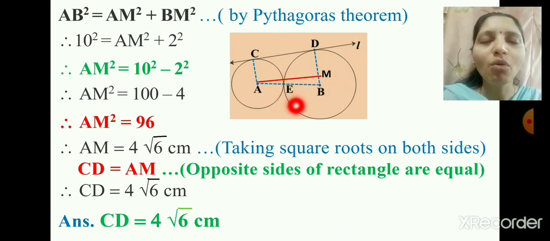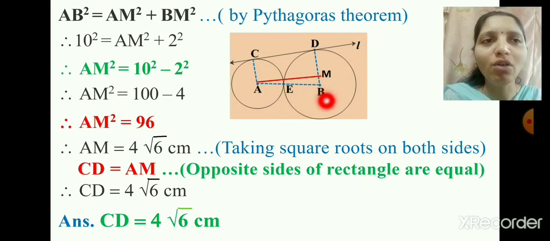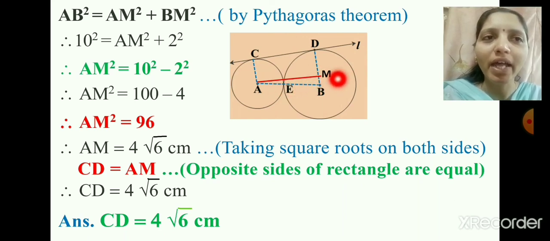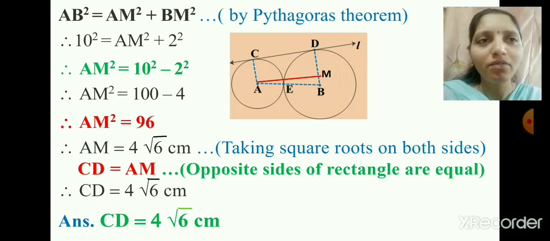Then we found out the value of BM. Then we found out the value of AB. And with the help of Pythagoras theorem, we got the length of AM. If you know the length of AM, then AM and CD are congruent, so we can write the length of CD. So this was a very simple sum, only you have to understand the steps.